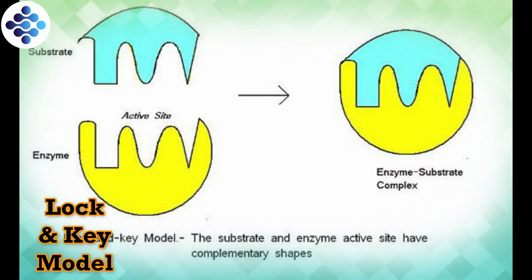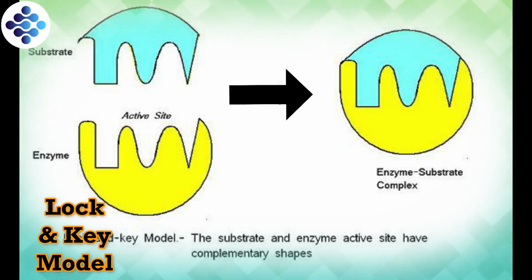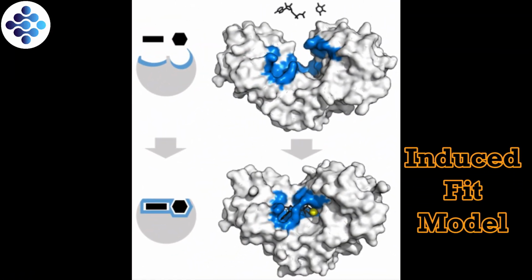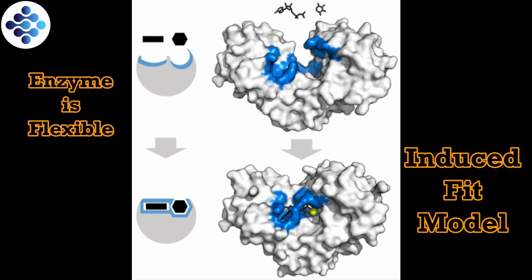There are two models, one which is called the lock and key model. So in the lock and key model, substrates fit with precision. There is a recent model which is called the induced fit model. Now in this induced fit model, the enzyme is flexible. So it gives some flexibility to the shape of the substrate.